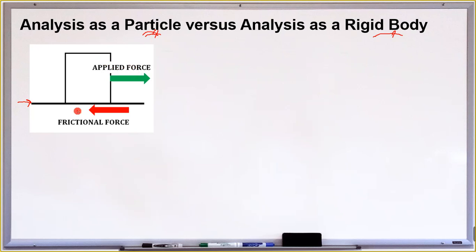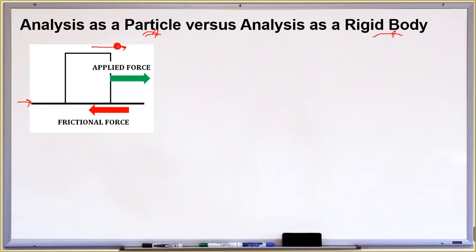Assuming that the surface is real, there is friction between this block and the surface. There are lots of forces that interact, but for a simple example, let's assume that there are only two forces. These forces are aligned to the direction of motion, and let's assume that the direction of travel is towards the right.